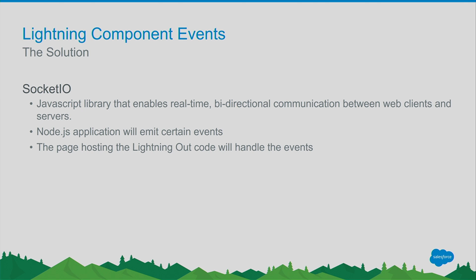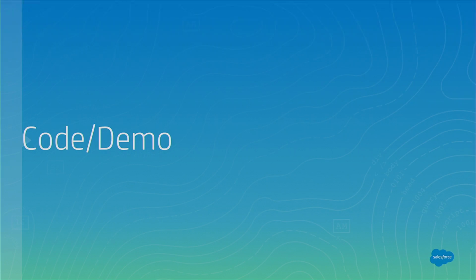Within the application, the Node application would emit certain Socket.io events, and then by receiving those events, the page that's hosting the Lightning Out code would actually fire the Lightning event. I'll show you the code for that later once we get into the demo, which is right now.